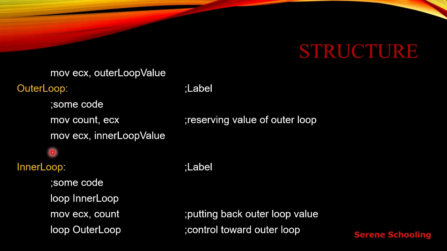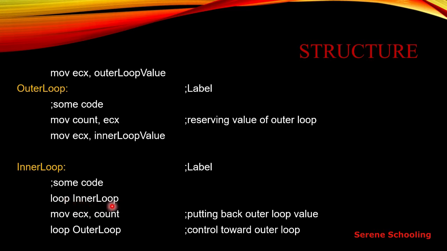Like in the inner loop, here we will start our inner loop. Whatever label you can give, it is just like a variable name, and it finishes with a colon like this. This is also my label, this is also my label. Inside my loop, you can write some code, whatever you are going to perform, and then I'm sending the control again to which label?